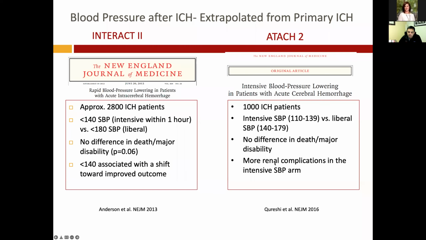But one thing to keep in mind is when this trial came out, the prior trial, INTERACT 2, had already interfered with some of the management here, because even the patients who were supposed to be liberally controlled in terms of blood pressure had very strict blood pressure targets, and they were closer to the 140 range as compared to the previous trial where they were closer to the 180 range. So I think that may have also blunted any difference.